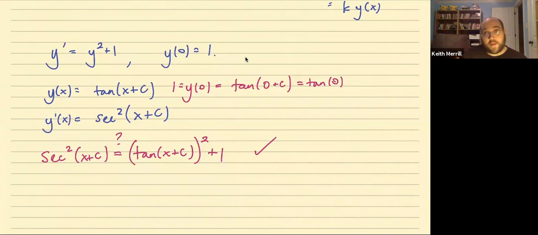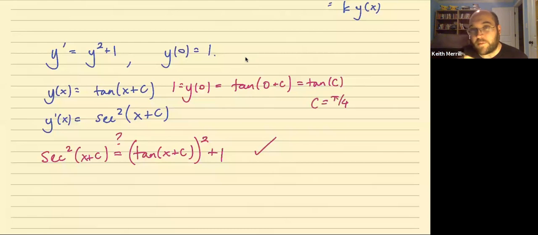Again, that's our initial value given to us. But y of 0 is, because we know what the general solution is, tangent of 0 plus c, which is tangent of c, sorry, my bad. 0 plus c is c. So what does c need to be? Well, tangent is equal to 1 when c is equal to pi over 4. That's not the only time, but it's one time, so that'll work for us. So here we're going to take c equal to pi over 4.